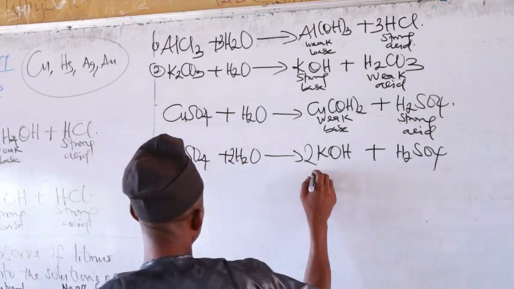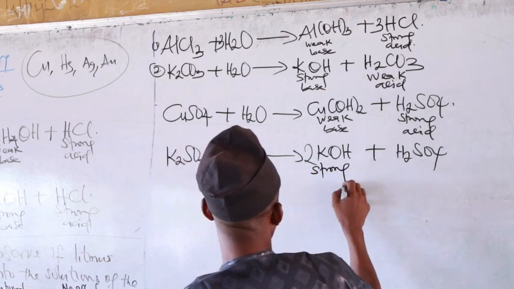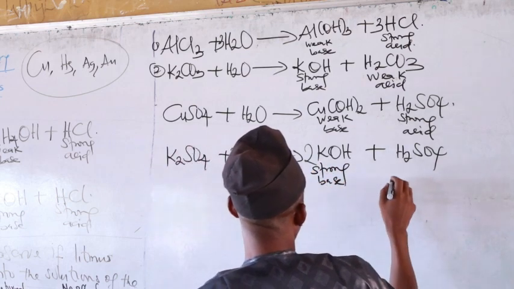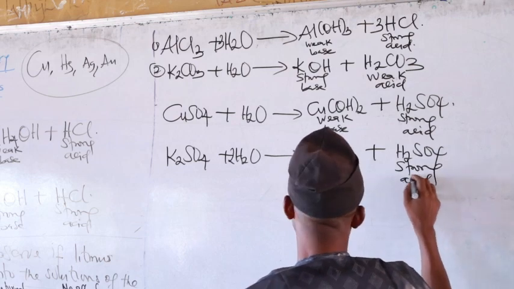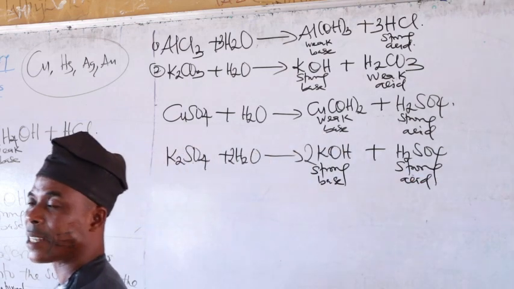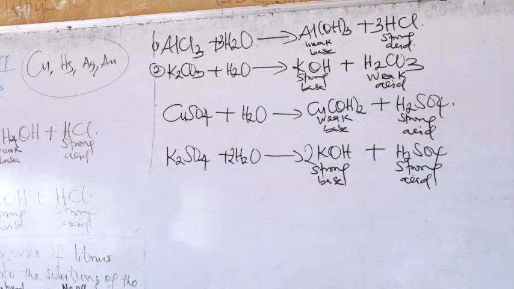What type of base is this? This is a strong base, and this is what? A strong acid. Both acid and base are strong. Then what happens to the solution? It's going to be a neutral solution. Then it will have no effect on litmus.